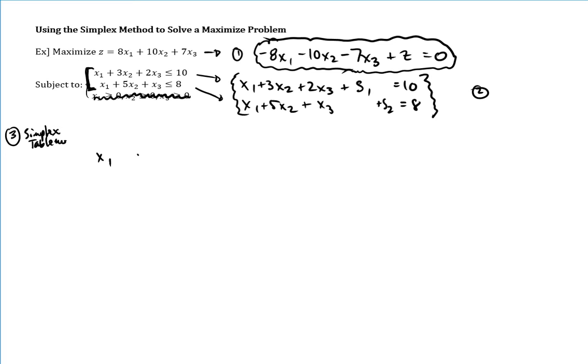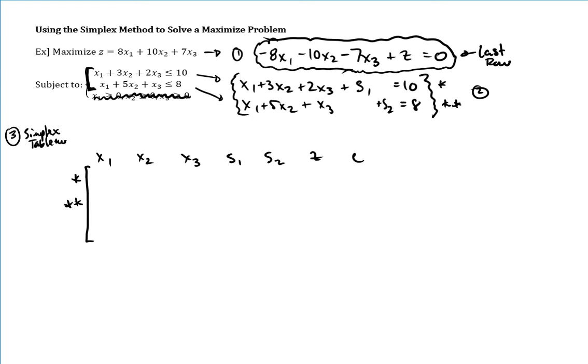So x1, x2, x3, and then there's an s1, an s2, a z, and after that would be the constant. And it looks like there are 3 rows that would be important. Remember, this is our last row in these problems when we convert it, and then our starred ones, we could just put in order, first and second. I think that would be enough room. So here's where the first starred one goes, the second starred, and then the last one.